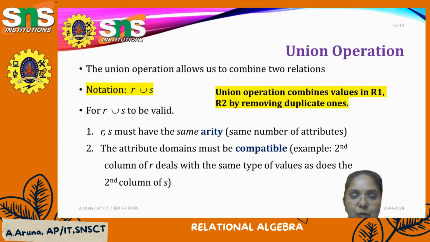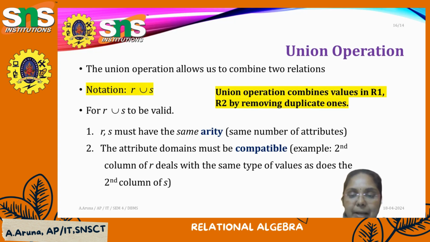The next thing is the union operator. Union is nothing but removing the duplicate ones. Union is also used while joining two relations, but by using this one, we can remove the duplicates. This is the notation used over here: R union S. Here, for it to be valid, R and S must have the same arity.